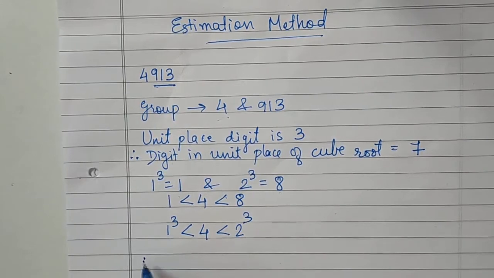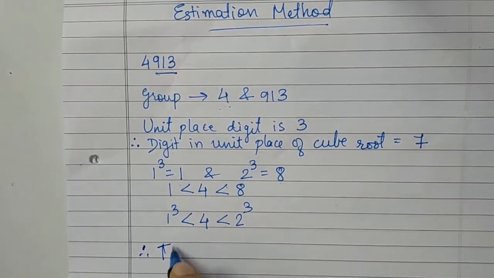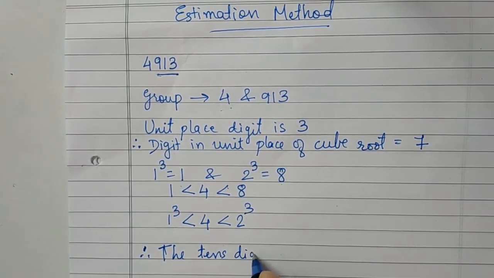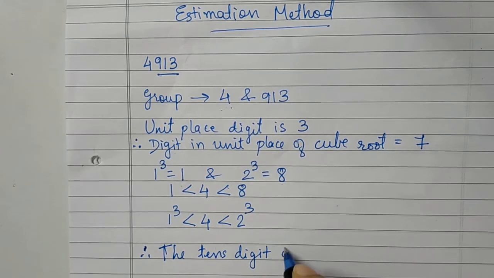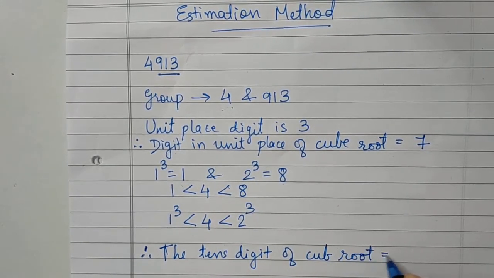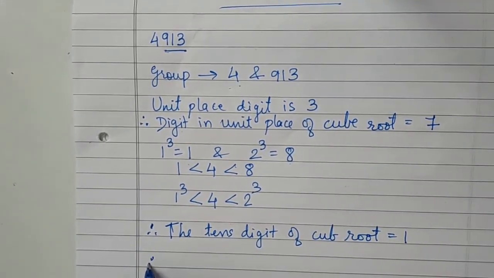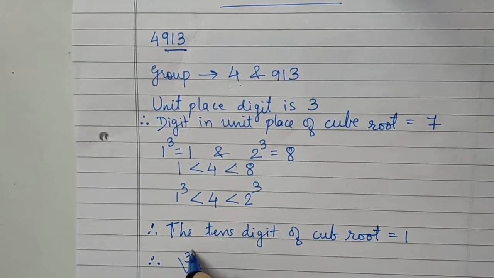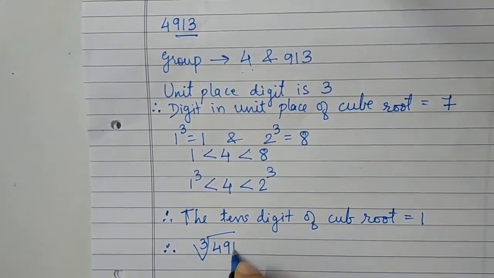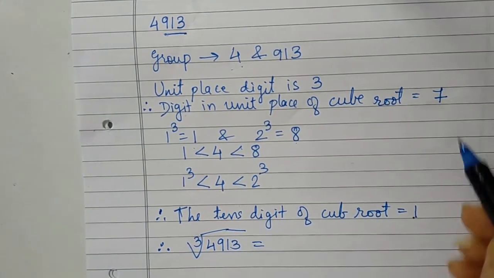Therefore the tens digit of the cube root will be equal to 1, right? Therefore, our estimated cube root of 4913 will be 1 in the tens place and 7 in the units place.